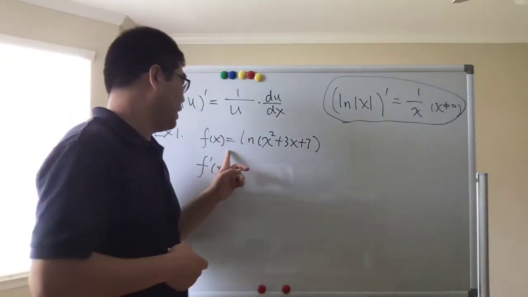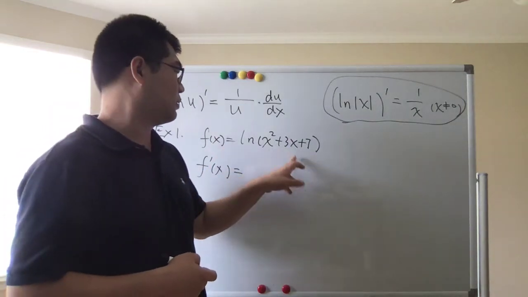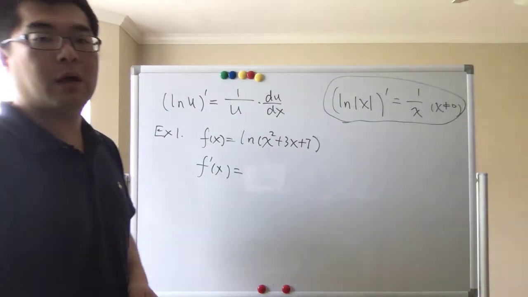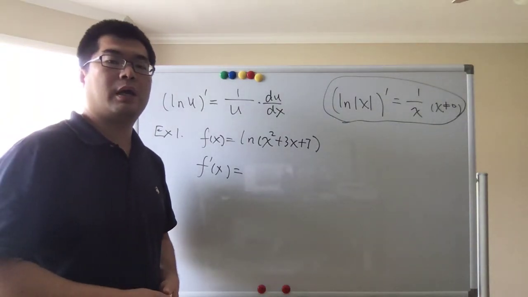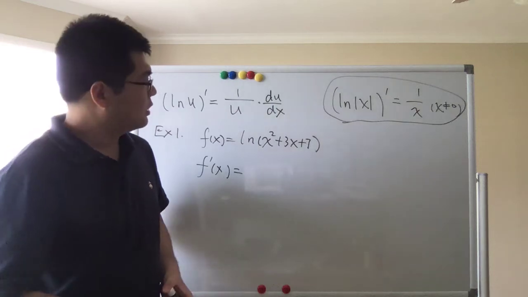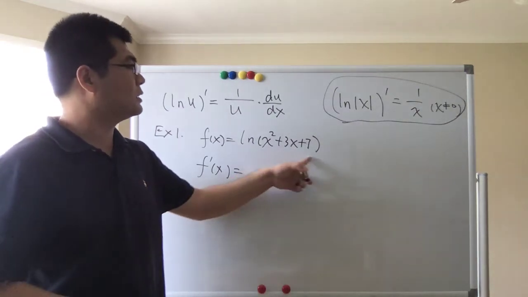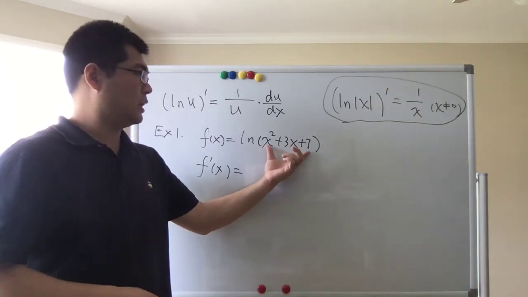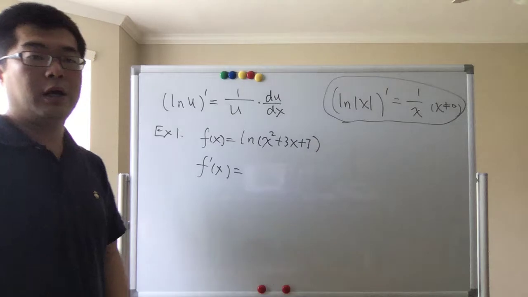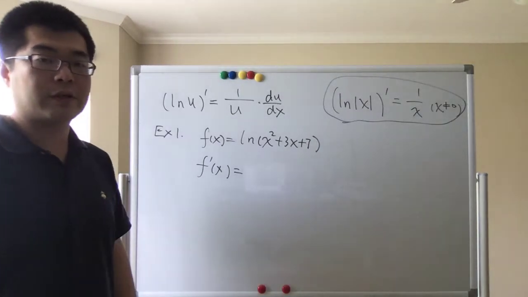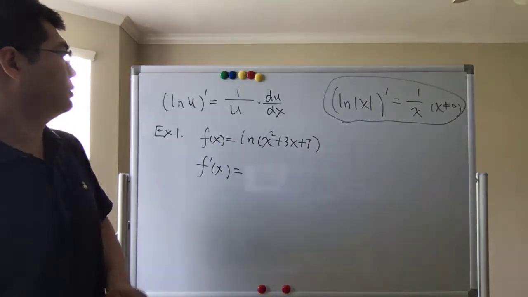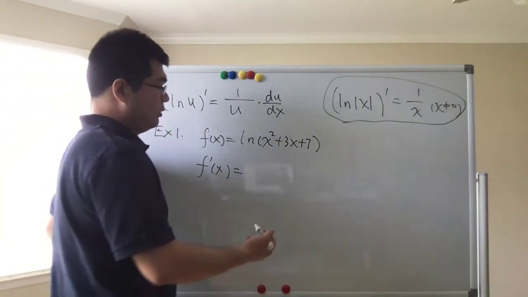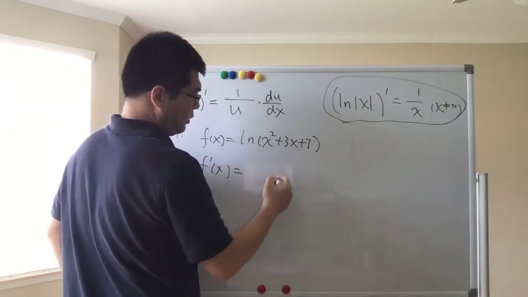So now let me show you one example here. Suppose I have f of x equals ln of x squared plus 3x plus 7, okay? As you can expect, the inside part is a polynomial, right? It opens up. In fact, the inside of this polynomial is always greater than 0 for all x, okay? So to take the derivative of this, what we do here is take the reciprocal of the inside.